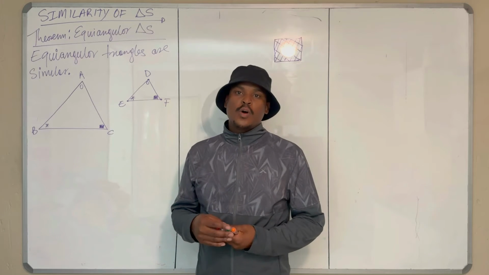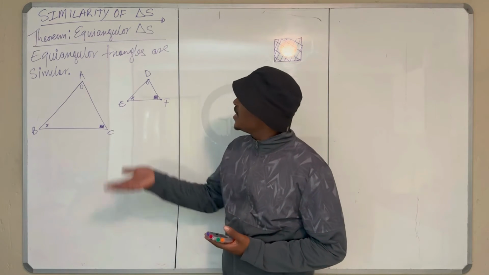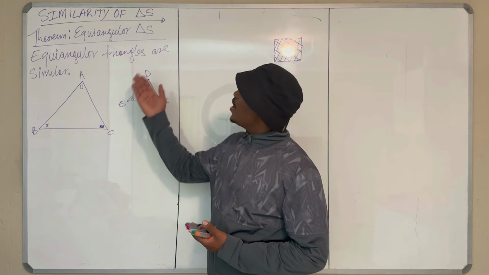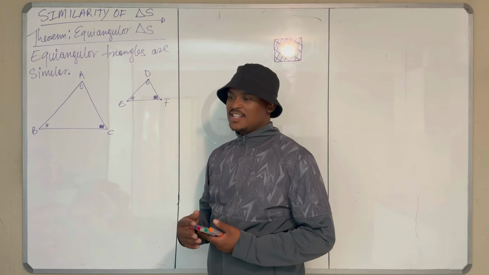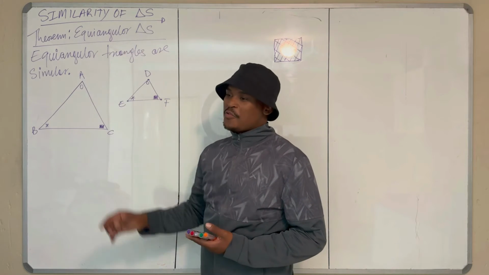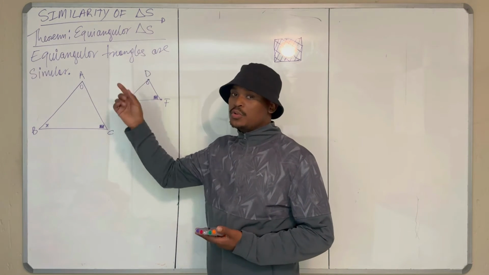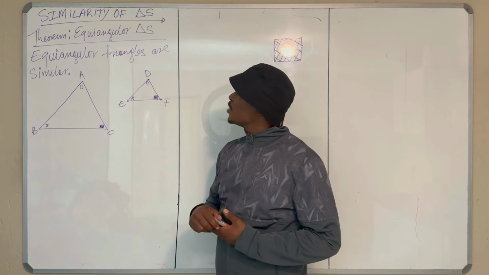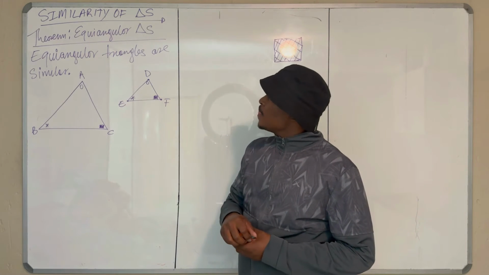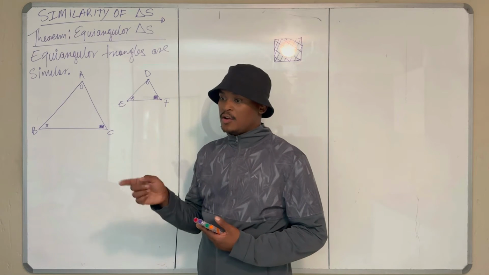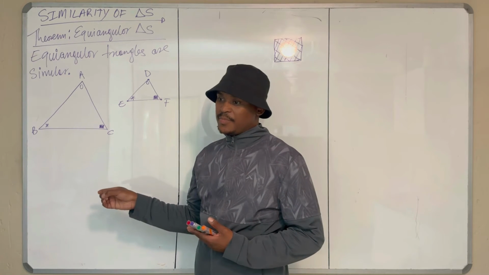Okay, so now we're doing our first theorem, and we've named this theorem equiangular triangles. That will be our reason when we quote or use this theorem. Here, I'm trying to show part one of those two conditions that I listed before.